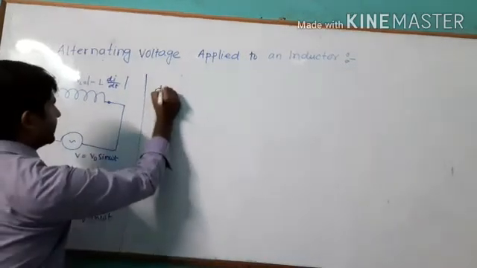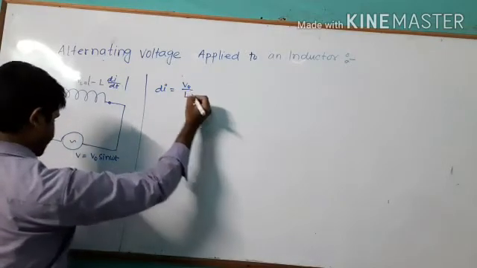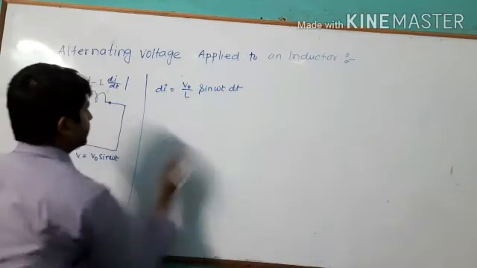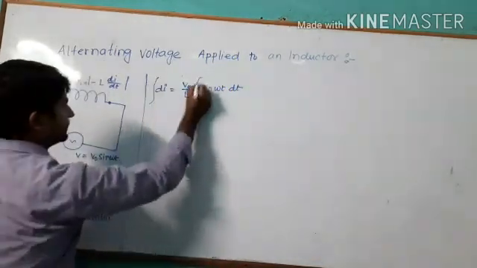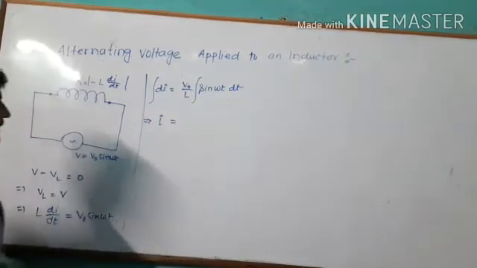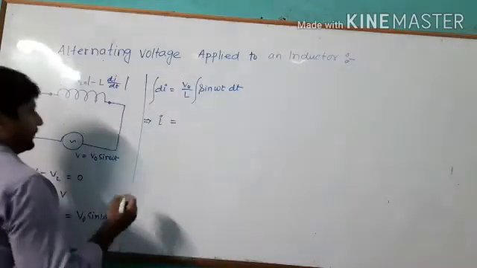So what is dI? dI is V0 by L sine omega t into dt. Now integrating both sides, the integration limit is from 0 to I, for time 0 to t.